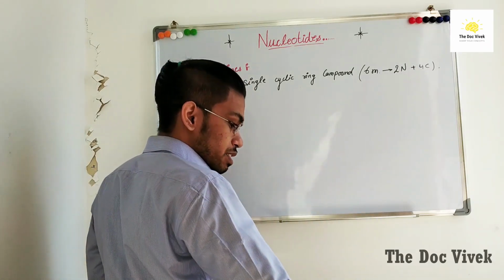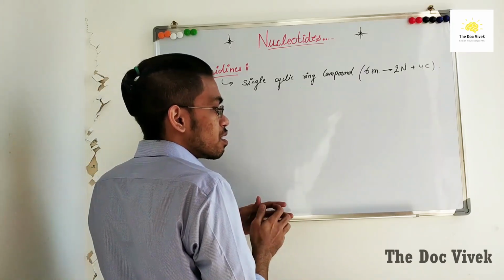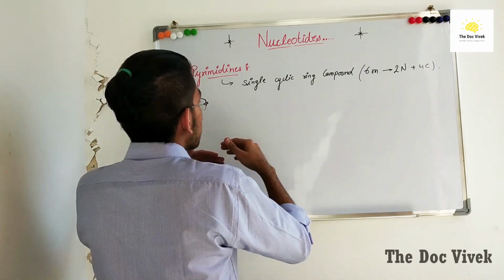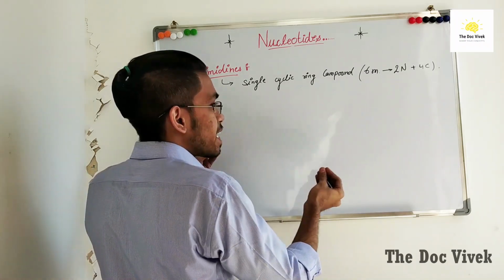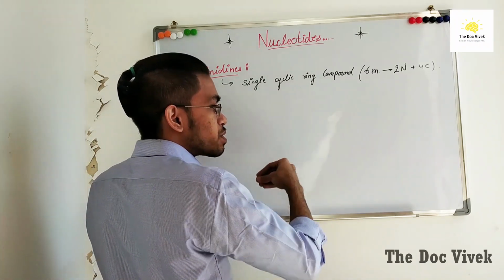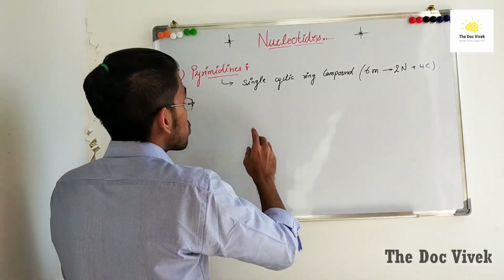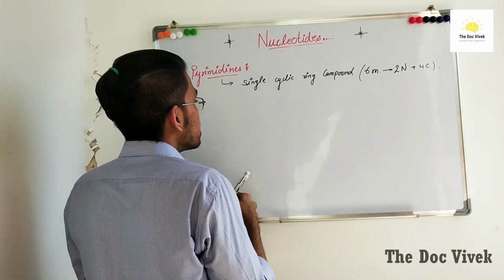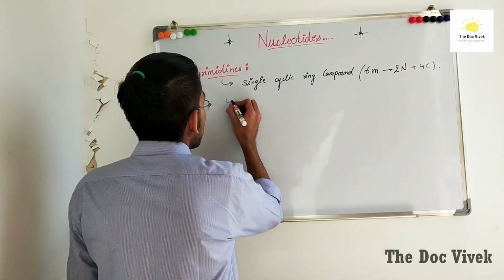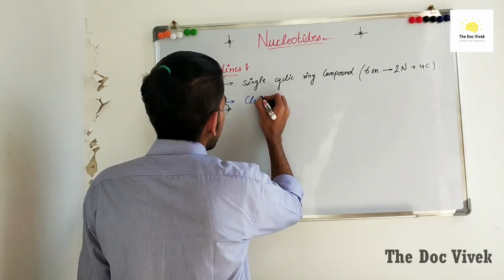When we draw the structure of a pyrimidine, we have to do the numbering, and according to that numbering, there are different substituents attached on those numbered atoms. The numbering in the pyrimidine structure is done in the clockwise direction.